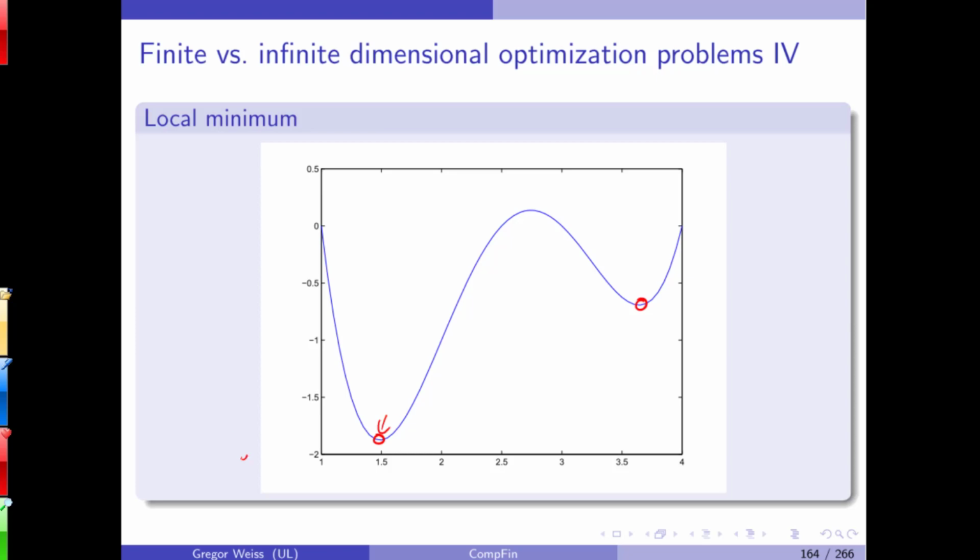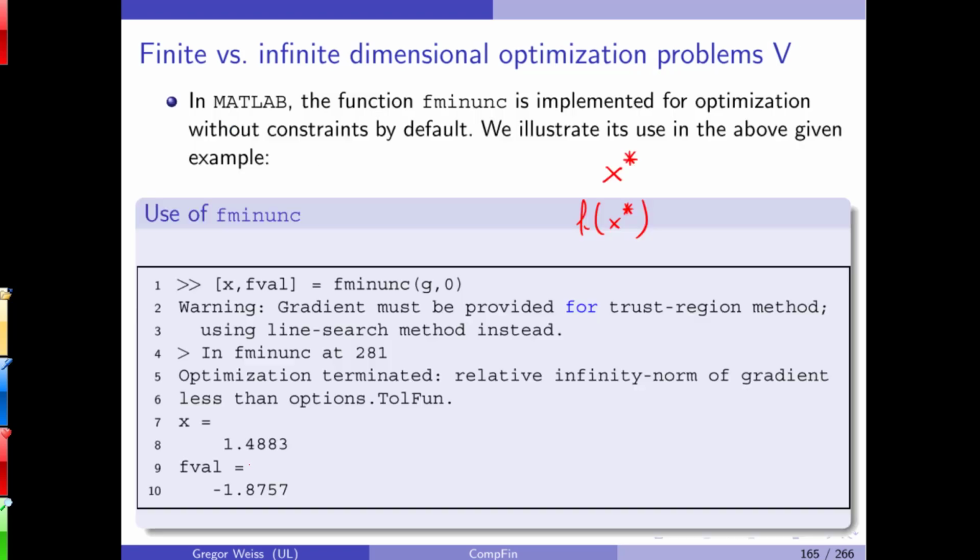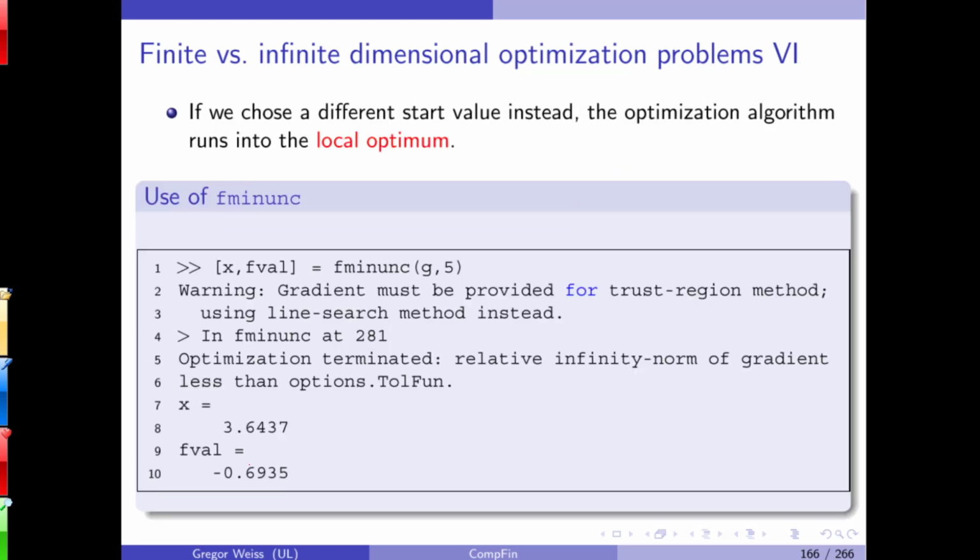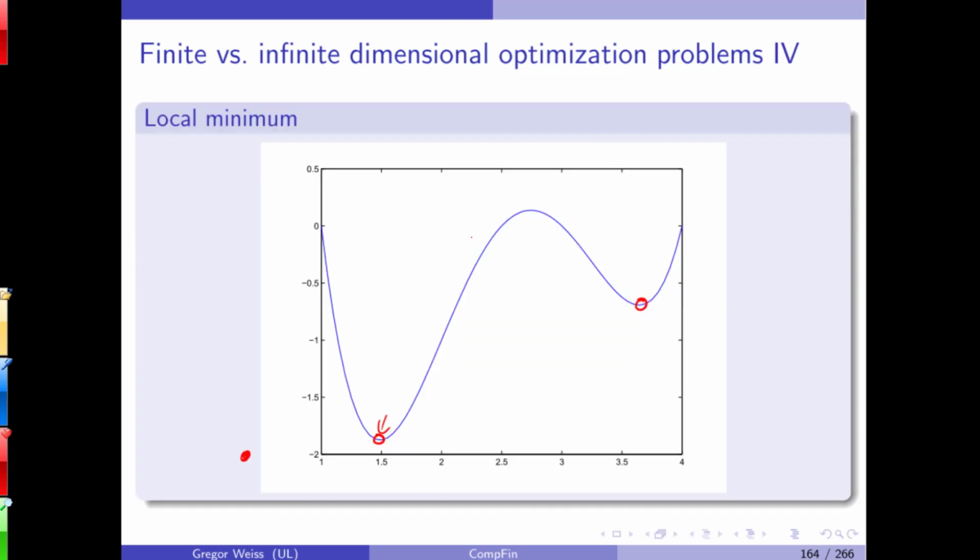But we started at 0 here. So if we choose a different starting value, you can see we start at 5, fminunc will give you the result 3.64. This is this point here. And this is a very simple observation. fminunc is the standard optimizer in MATLAB. And it's heavily tuned.